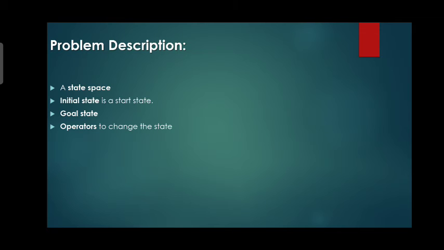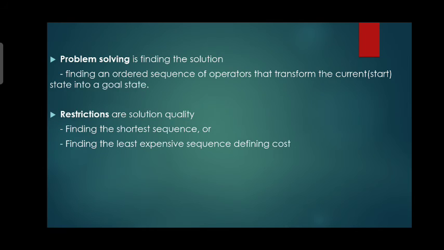It also provides some restrictions, which relate to solution quality, such as finding the shortest sequence, finding the least expensive sequence, and defining the cost. So these are basically the problem descriptions.